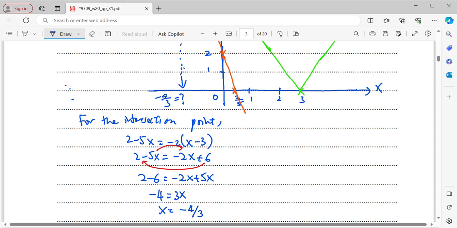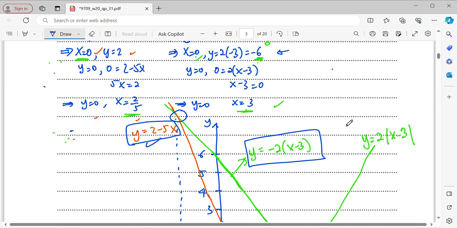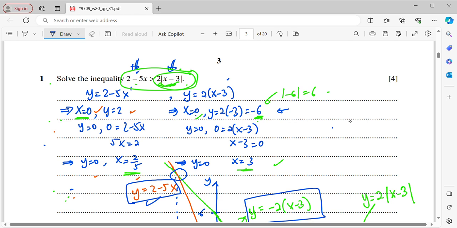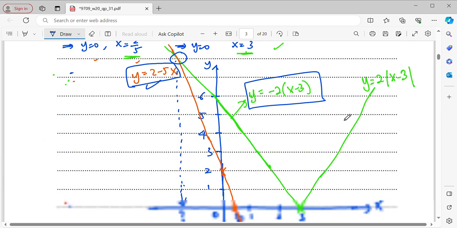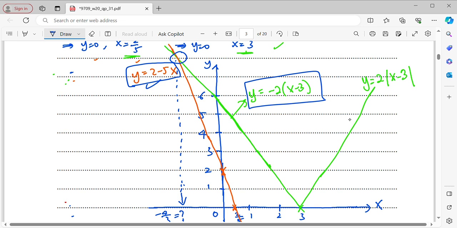Okay, so now from here, I know that in order for the straight line, which is our orange line, to be greater than the green line, our region should be less than the intersection point, for the values of x which are less than negative 4 over 3.